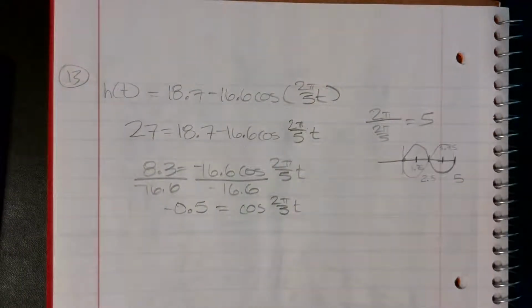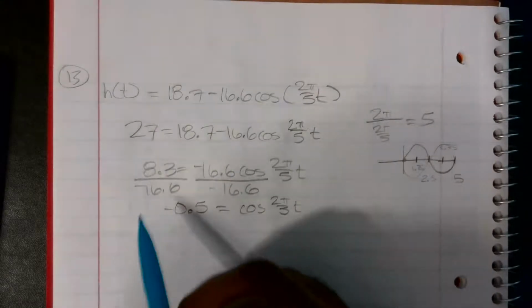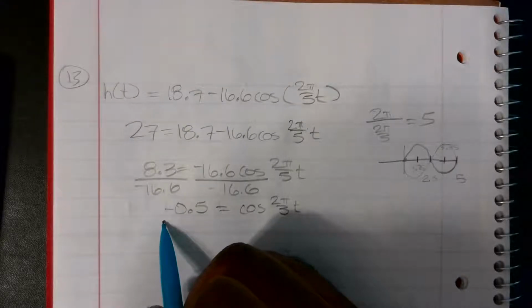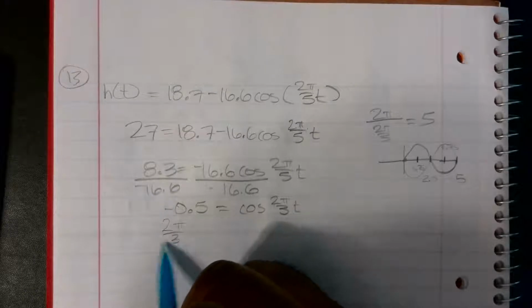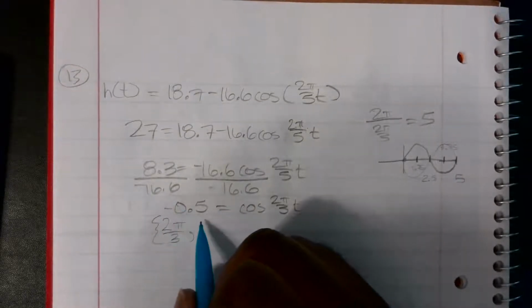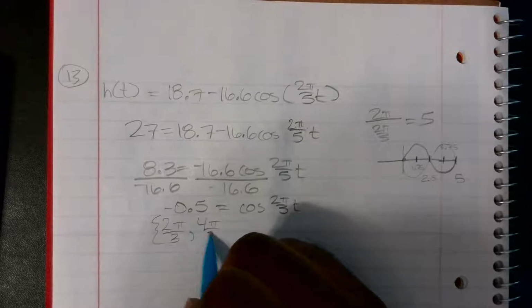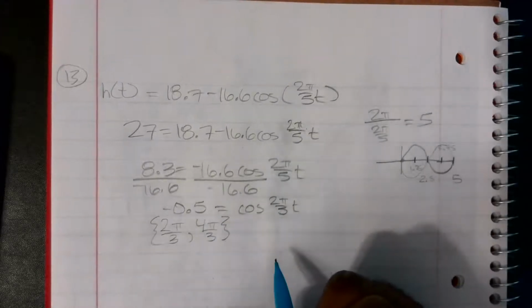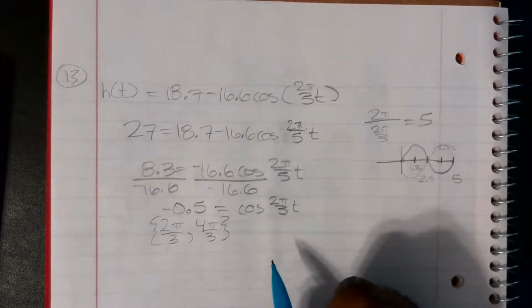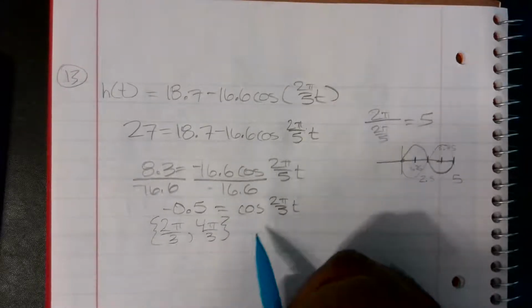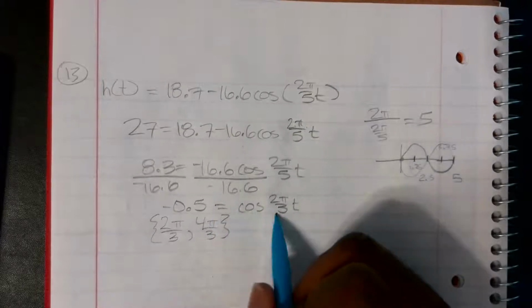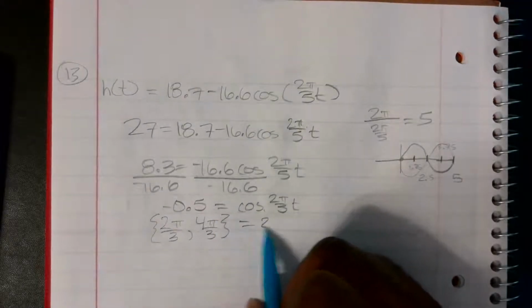Okay, so there are two places where cosine is equal to negative 1/2. We did this earlier. Cosine is equal to negative 1/2 at 2 pi over 3 and 4 pi over 3. Sorry about all the yawning. Got kind of sleepy there.